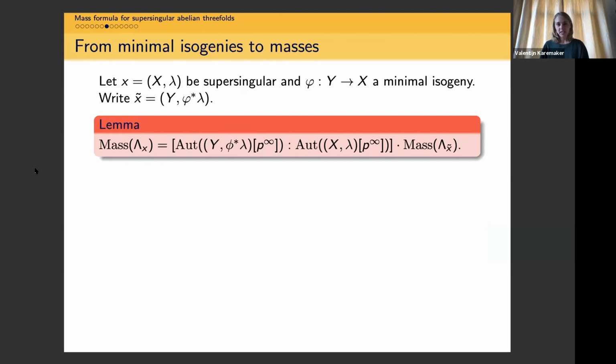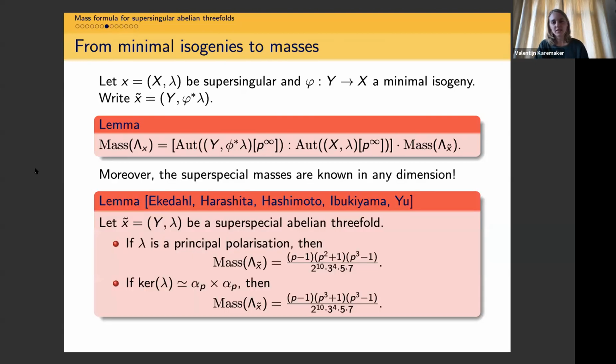Okay, so that's really great, but it's especially useful because we know all the superspecial masses. So this is work due to various people, Ekedahl, Harashita, Hashimoto, Ibukiyama, and Yu. In fact, the superspecial masses are known in any dimension, but for three-dimensional varieties, they look like this.